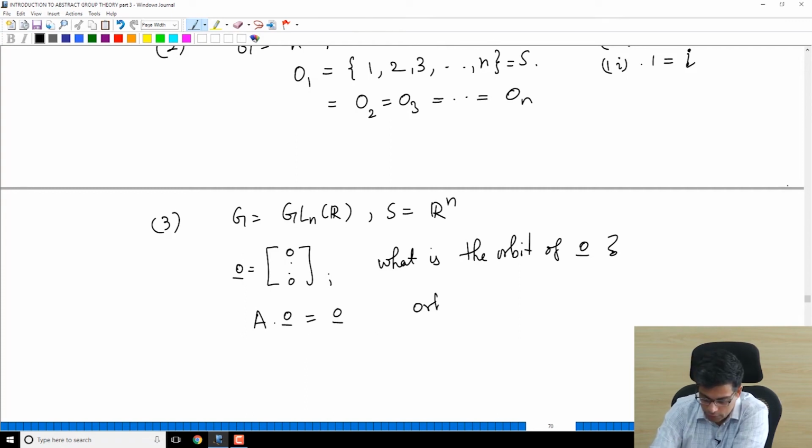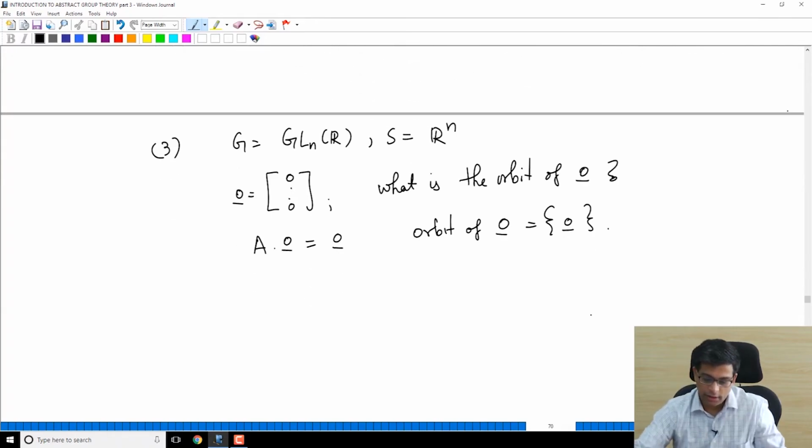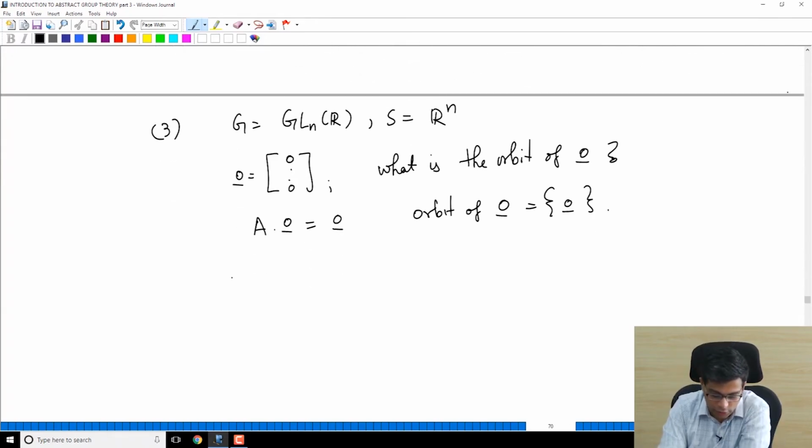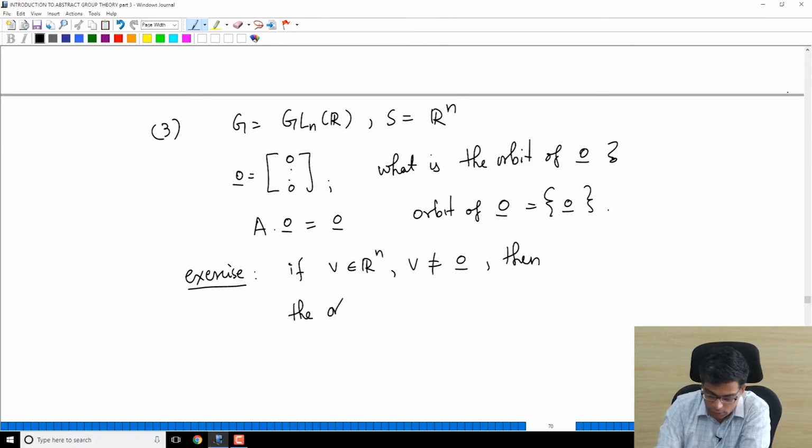So the orbit of 0 is just the element 0, nothing else is there. And on the other hand, if you take a vector, this is an exercise that you can do using properties of matrix multiplication: if v is in R^n and v is different from 0, then the orbit of v is all of R^n minus 0.